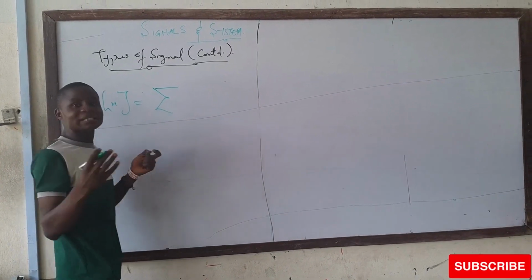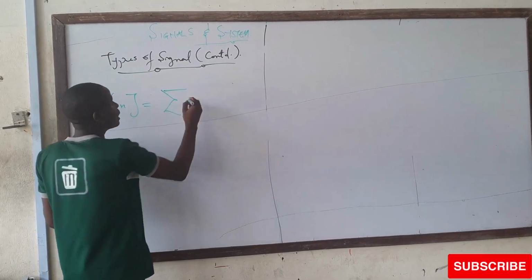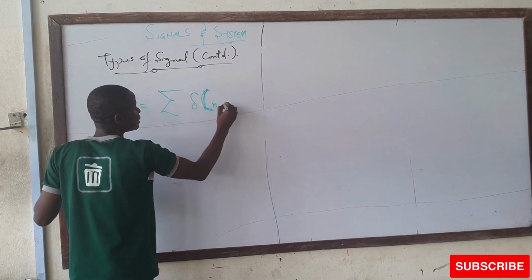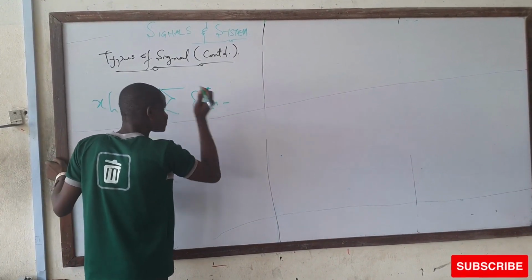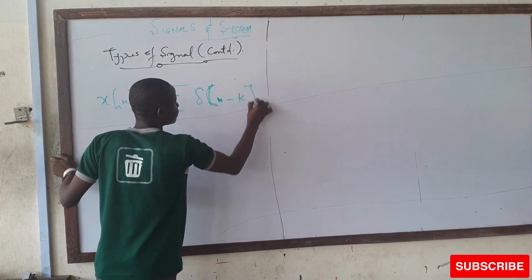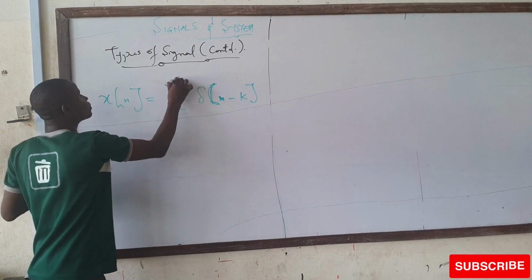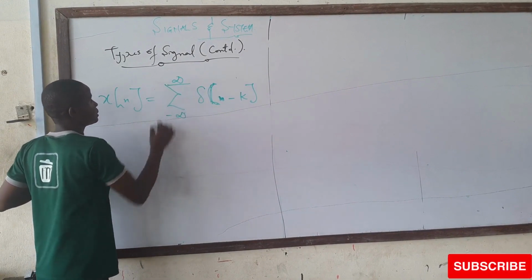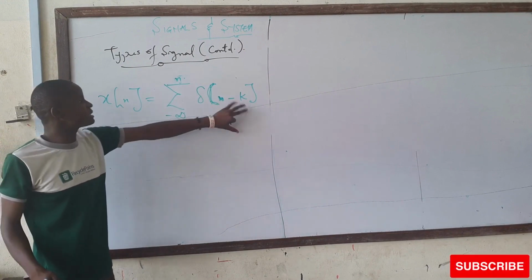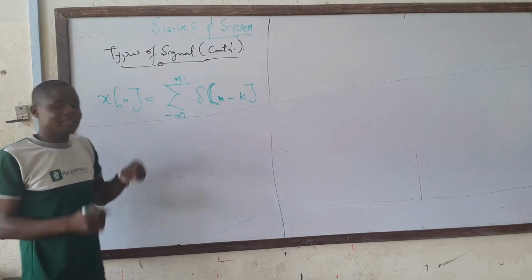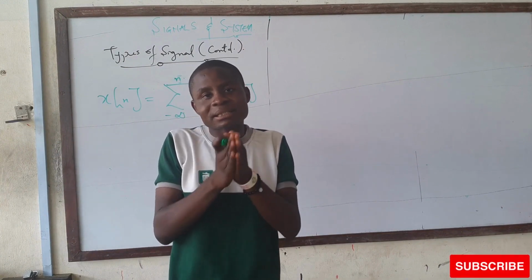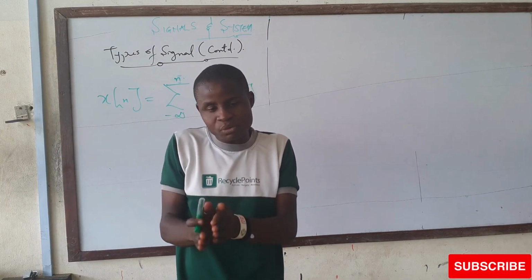Let me use a simple signal like our impulse function, delta of n minus k, summed from minus infinity to infinity. This kind of signal is called a discrete signal. These are signals that take values only at equal intervals.